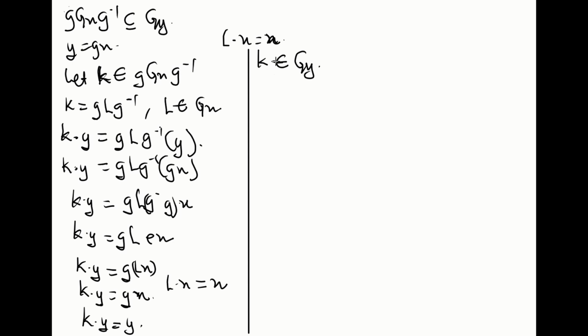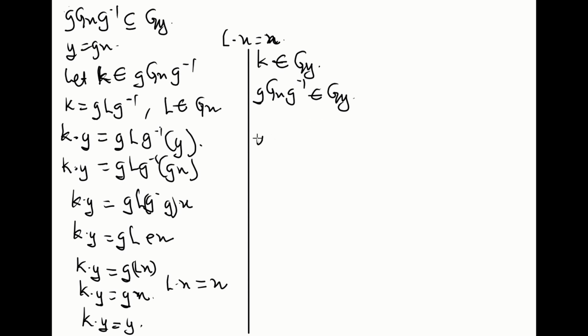Okay, but if k is in the stabilizer of y, what does that mean? Initially, where did we pick our k from? Our k was picked from Gx of g inverse. And now we have identified that our k is from Gy. Then we can conclude that our Gx of g inverse is also in the stabilizer of y.